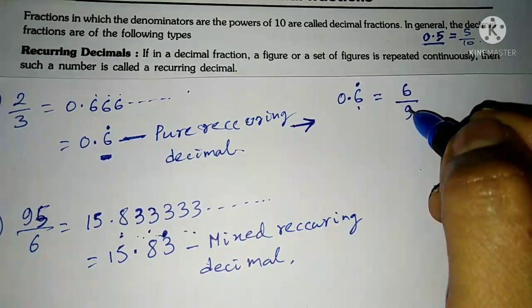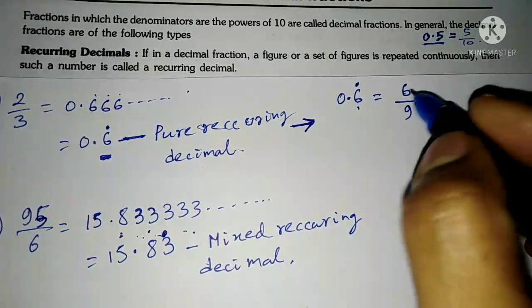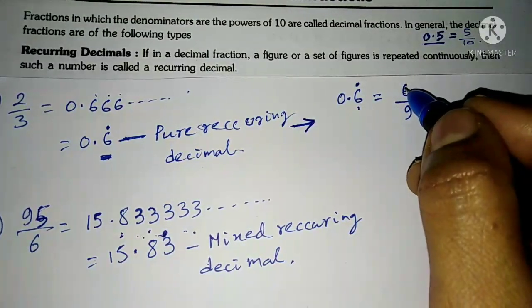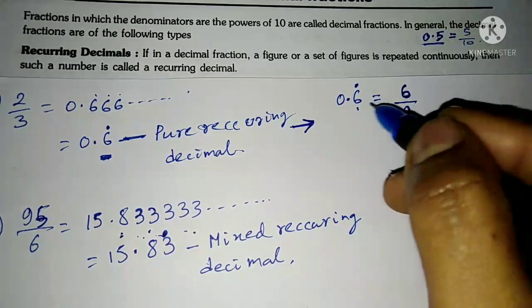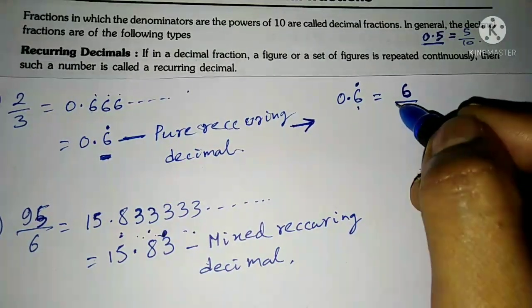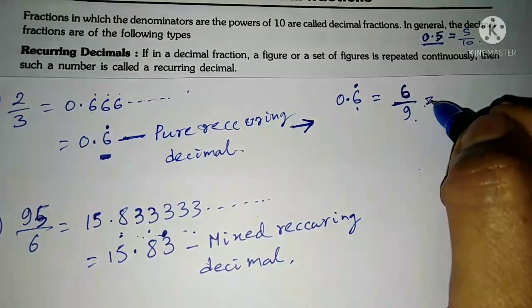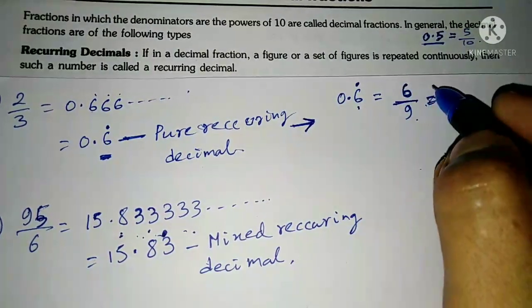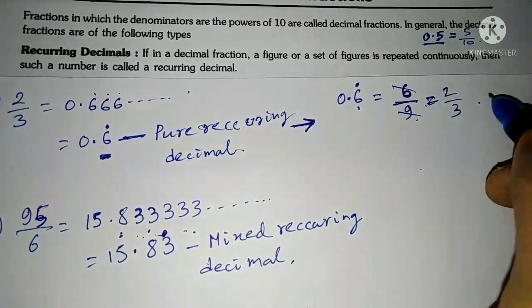This is a pure recurring decimal and we have to convert it into a fraction. So in the numerator we write the number which is repeating continuously, and in the denominator we write 9. This is the fractional number of a pure recurring decimal. After cancelling we will get 2 by 3.